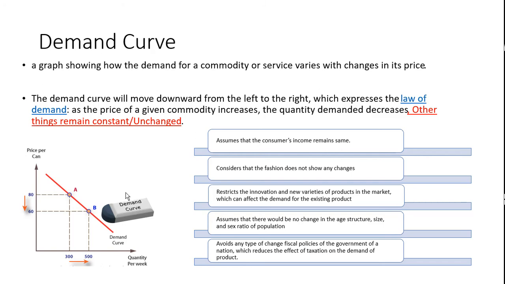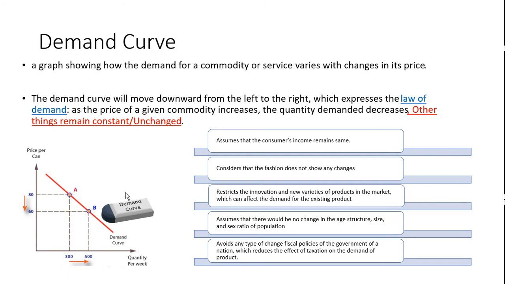Fourth, if there is a change in the age structure, size and sex ratio of the population, say the population increases from 1 million to 2 million, then even if the price increases, since the population increased, our demand will also increase automatically. So the age structure, size, and sex ratio of the population should remain constant, unchanged.